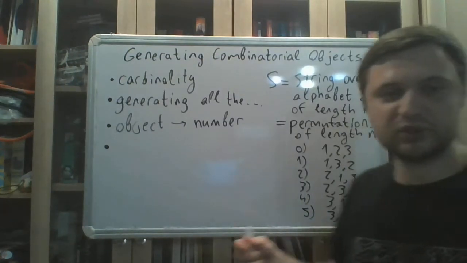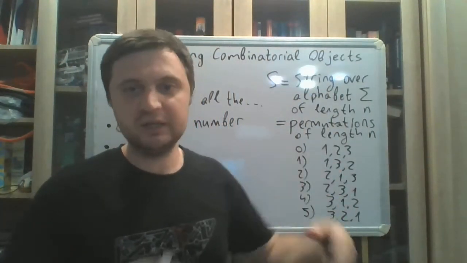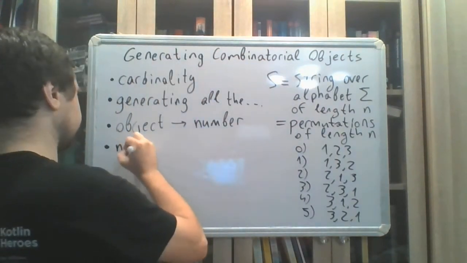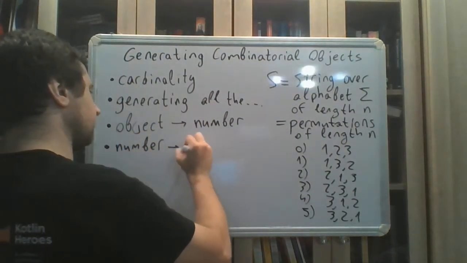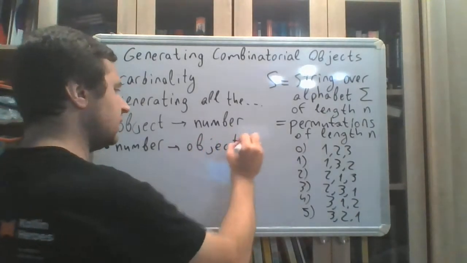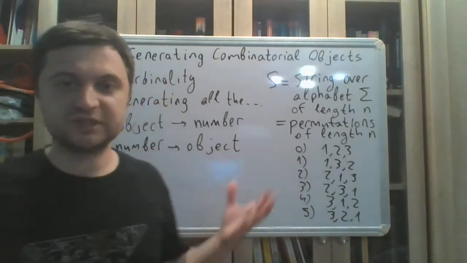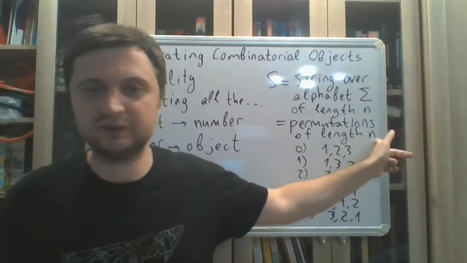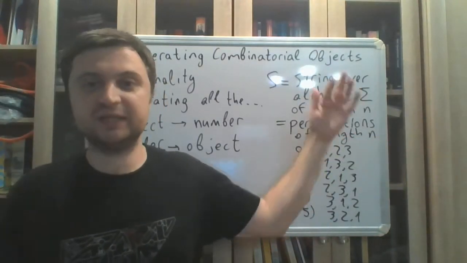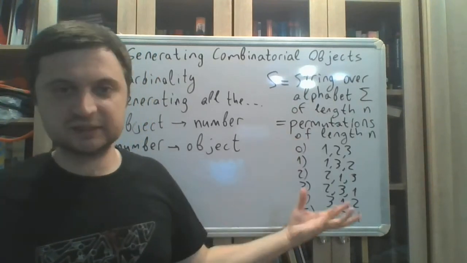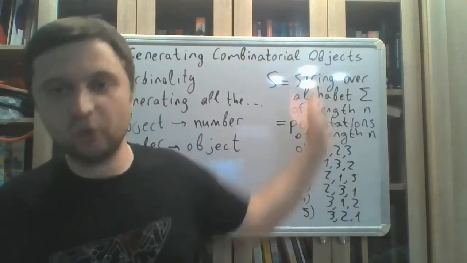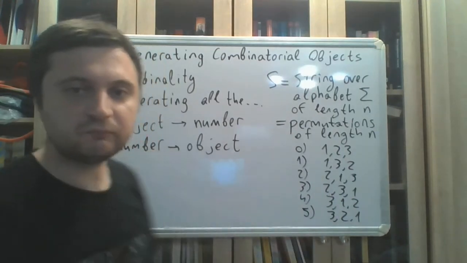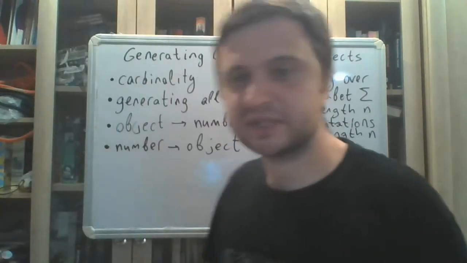You are given a permutation, find its number in the overall list, and vice versa. Given a number, what is the 15th permutation with n equal 10? What is the object number x if all the objects of this set are sorted lexicographically? Those are two interesting mathematical tasks.